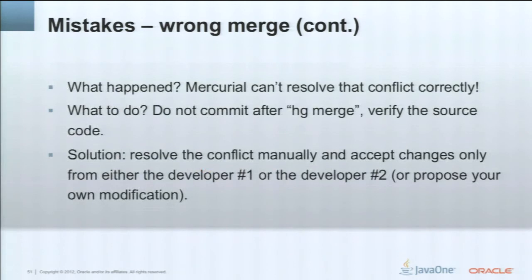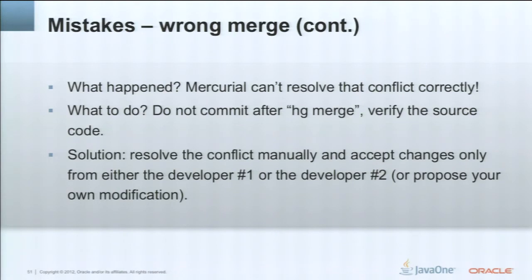Okay, what happened here? Mercurial can't resolve the conflict correctly here. We have to admit that. So what to do? What you should not do is just commit after your automatic merge. Just don't assume that everything will be resolved automatically. You need to do some additional work on your change set.